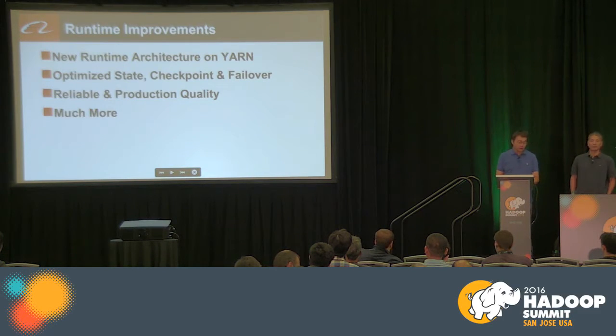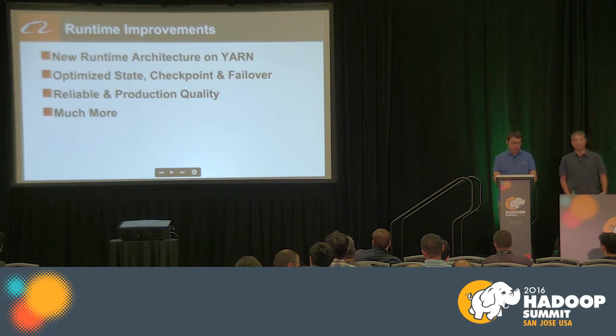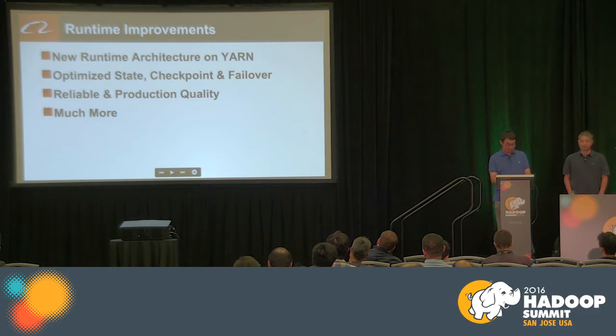At first, I will introduce the Flink new runtime architecture, native run on yarn. And secondly, I will introduce the optimizations we did for Flink state, checkpoint, and failover. Moreover, we also did some work to make Flink stable enough to run in production.